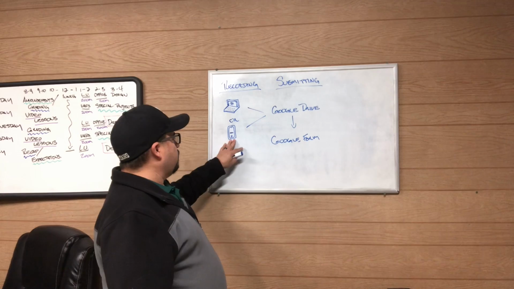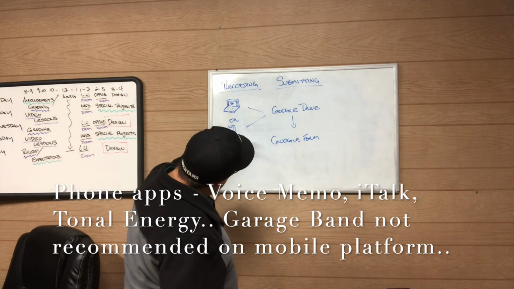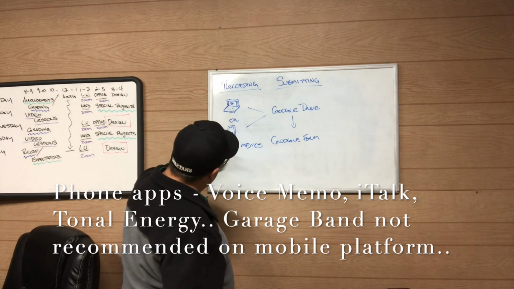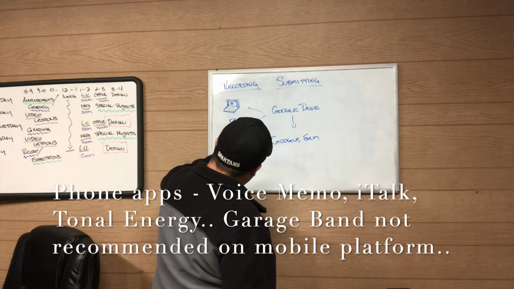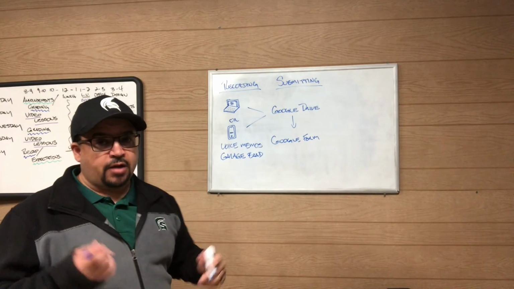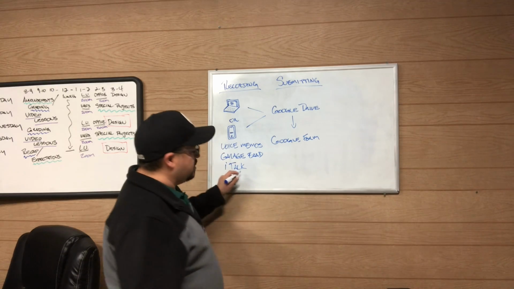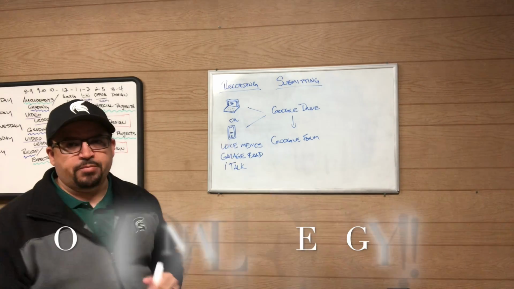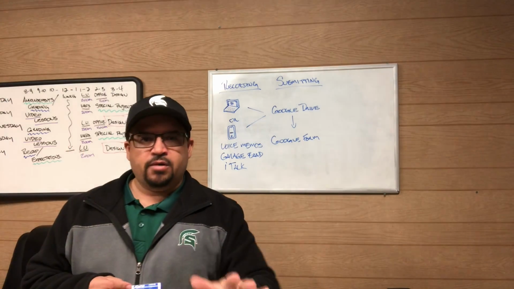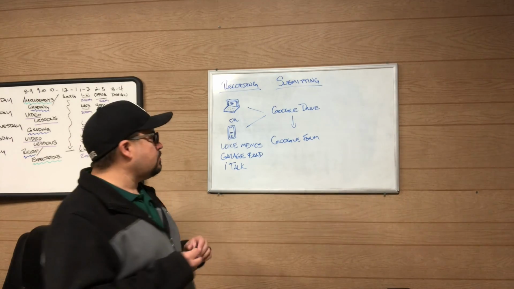If you're using your phone and you're using either voice memos or GarageBand, my personal favorite right now is called iTalk. iTalk actually is a little bit better than voice memos. It has a better recording software that uses the existing microphone, so you don't have to buy a new mic. But I really like iTalk for submitting recordings.